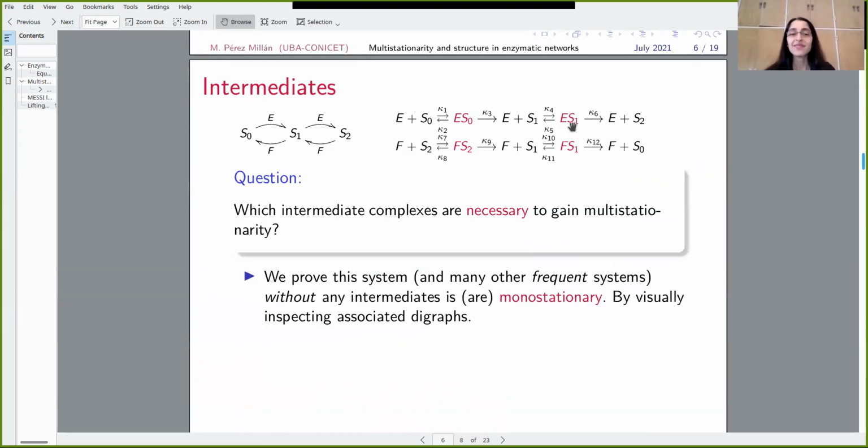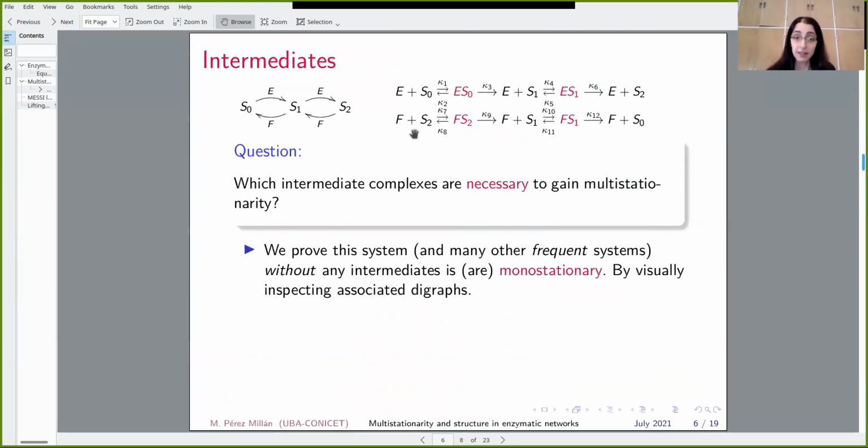Well, we prove that this system and many other frequent systems without any intermediates are monostationary. So intermediate complexes are important for gaining multistationarity. And we prove this by visually inspecting some associated digraphs.